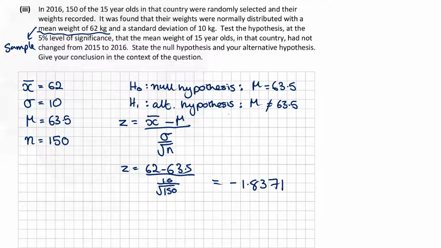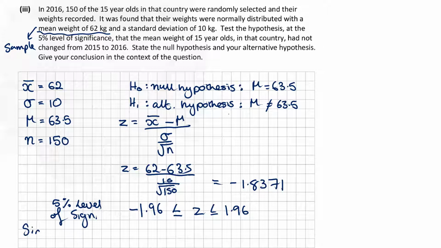For a 5% level of significance, we're talking about Z being between minus 1.96 and positive 1.96. So since minus 1.8371 sits in there, we would accept the null hypothesis.